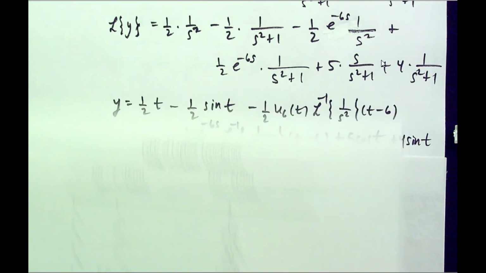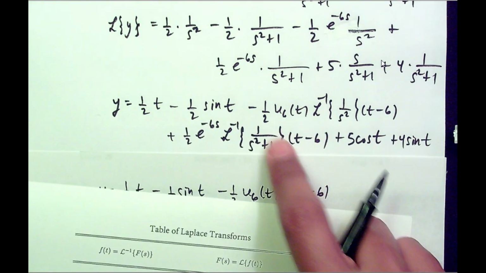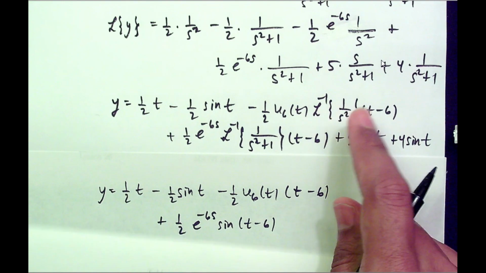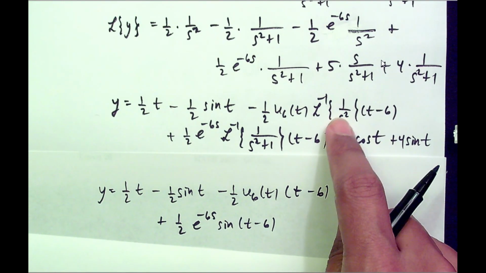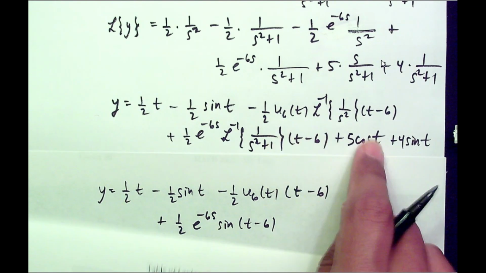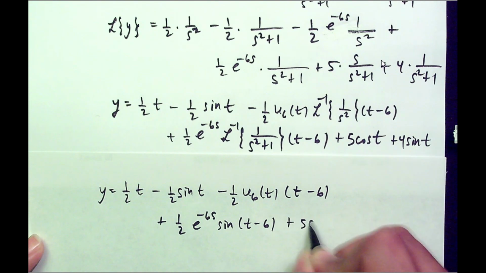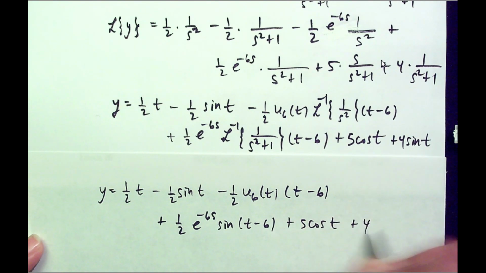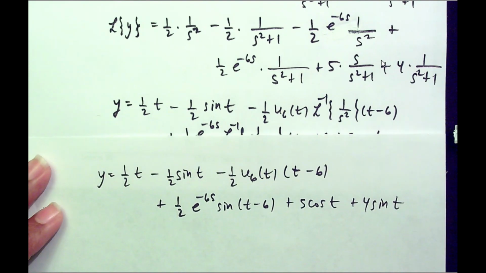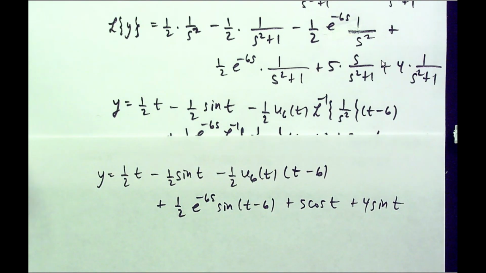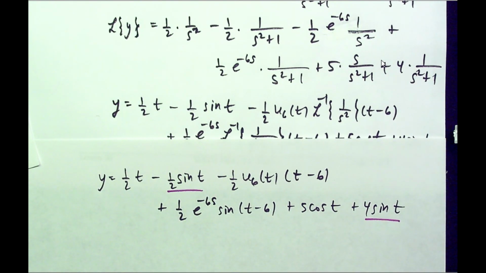Sine, and then, yeah, I did this one. The t minus 6, this is sine, yeah, that's correct. And then plus 5 cosine of t plus 4 sine of t. And that's the answer. The only thing you could do to simplify it is combine these sines that are like terms, and that's about it.